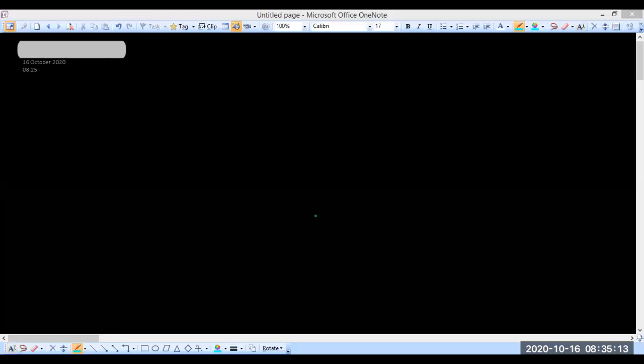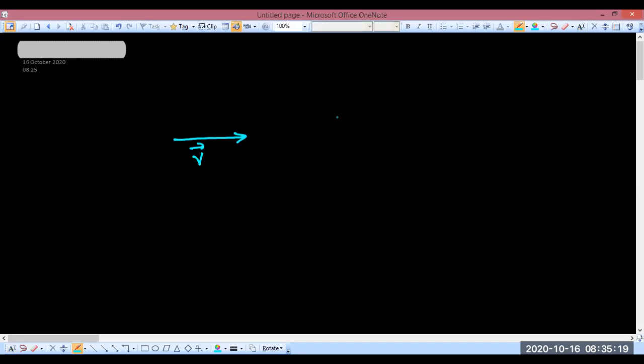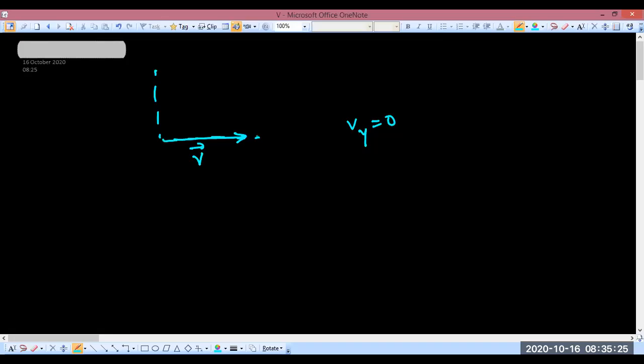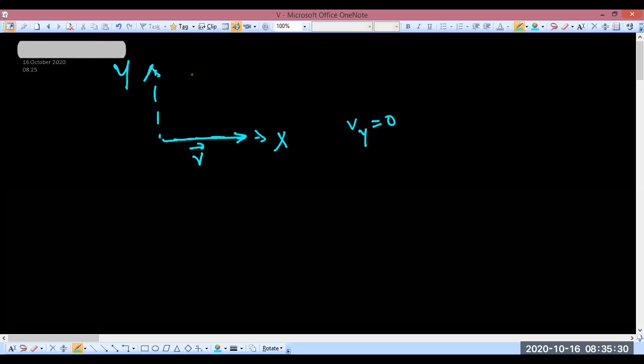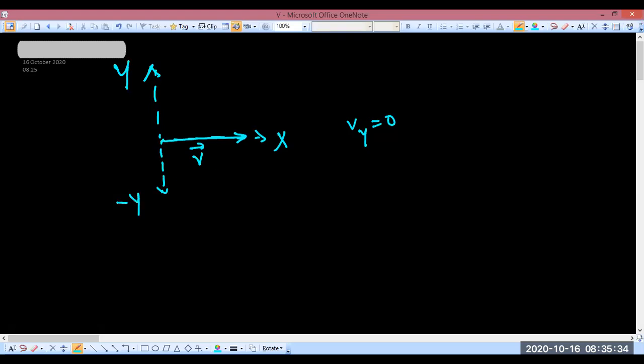Okay, so once again what I was saying is that if you have got a horizontal vector like this, then it's got a y component as 0 because it is only in the x direction, not in the y direction. It is not up at all, not up, not down, right? So it's only in the x direction. That's why vy is 0.